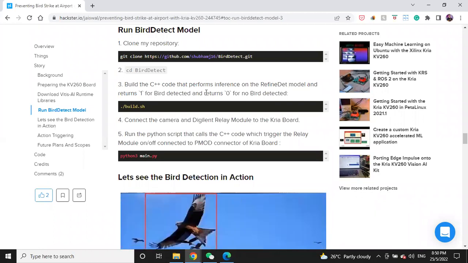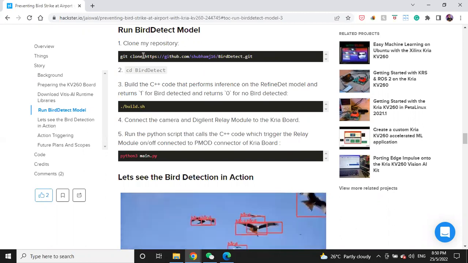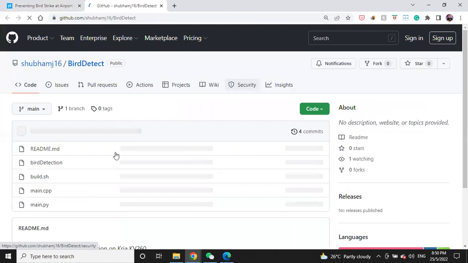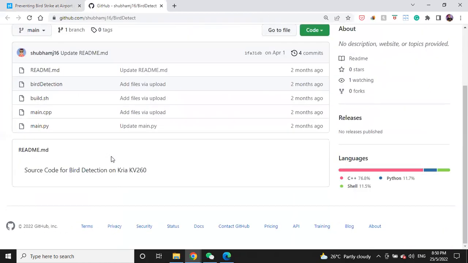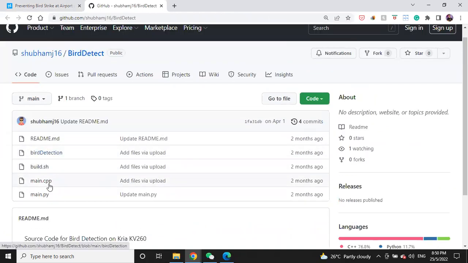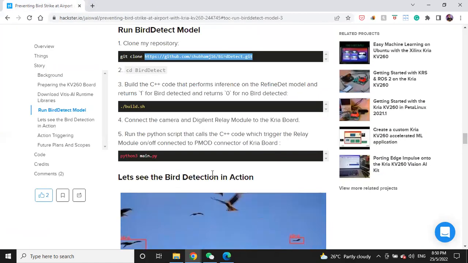There are various bird models present right now, so I just use the one that is available on Vitis AI. You can search for Vitis AI on Google, and it has various models like bird detection, pedestrian detection, object detection. So I use the one with the birds on it.